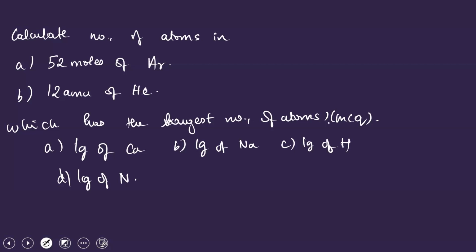Argon mass, it is 40. Helium 4 molar mass. I've given you the molar mass for everyone. Calcium 40, sodium 23, hydrogen 1, nitrogen 14. Clear?